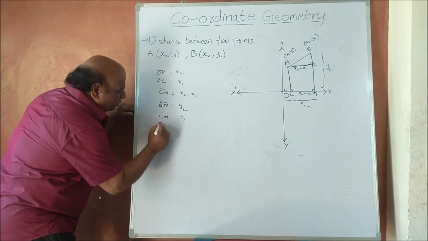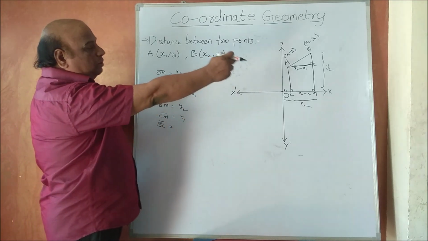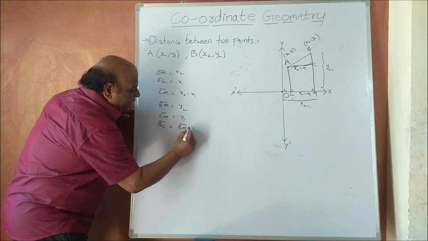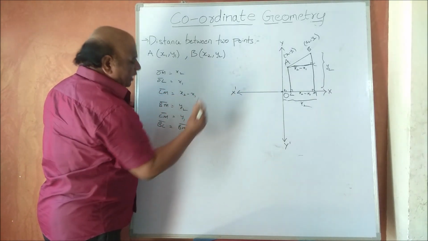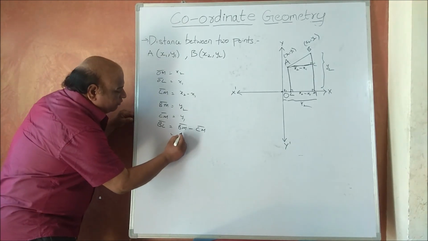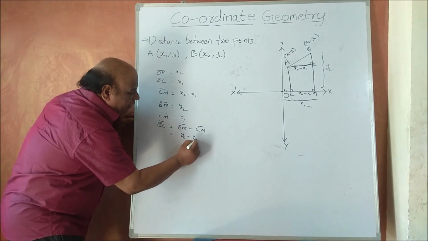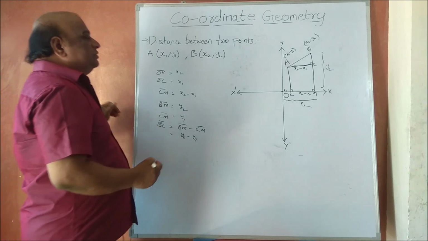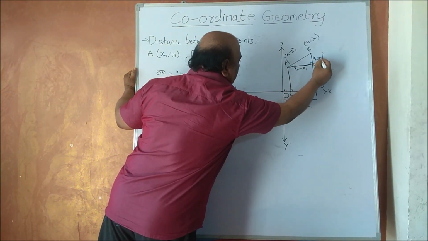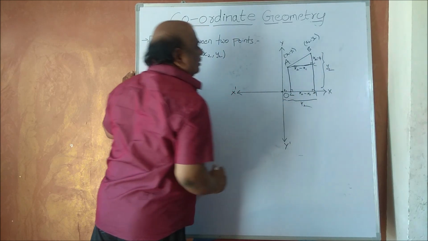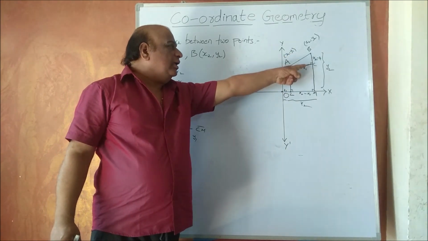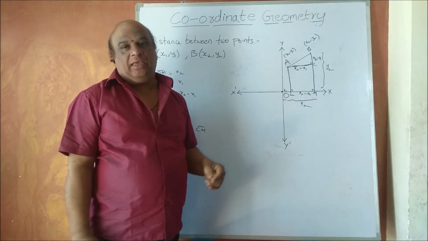The length of BC is equal to BM minus CM. That means y2 minus y1. So the length of BC is y2 minus y1. Now we got the length of AC and the length of BC in the right angle triangle.